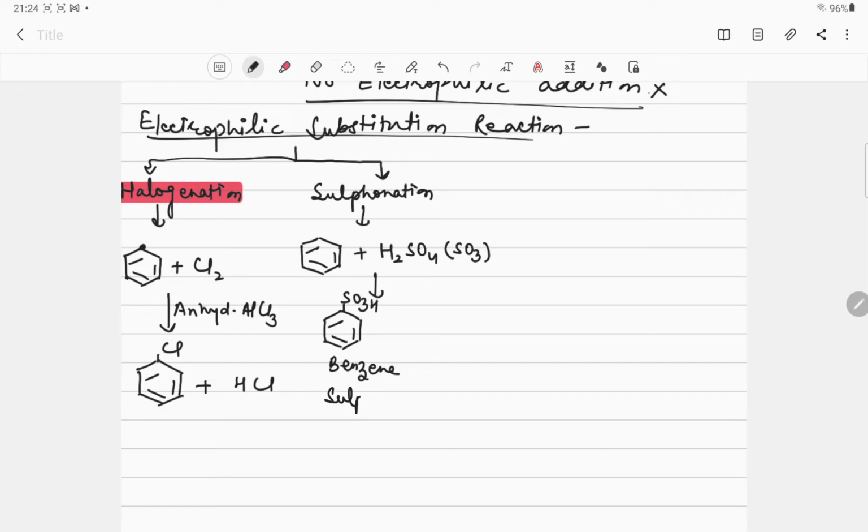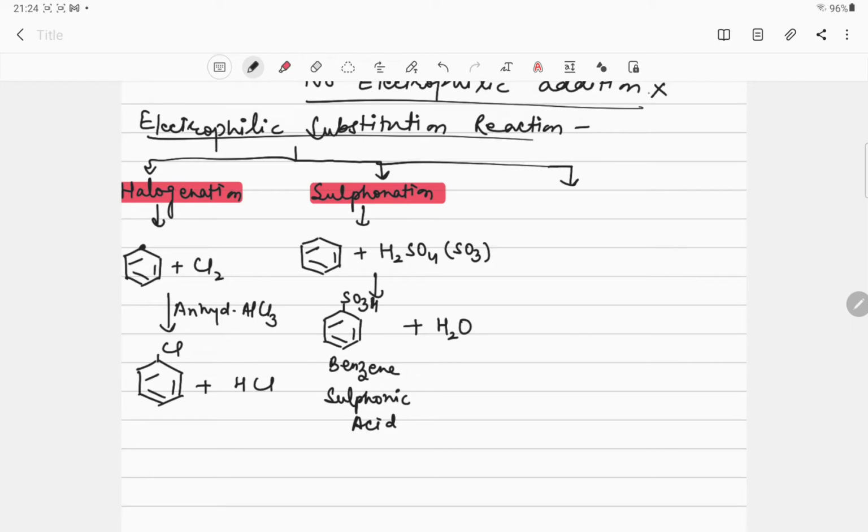Benzene sulfonic acid, we may see that hydrogen of the benzene is substituted by the sulfonic group. So benzene sulfonic acid will be the product obtained, plus H and OH from here will combine together to give water. So this is another example, sulfonation, electrophilic substitution reaction in benzene.